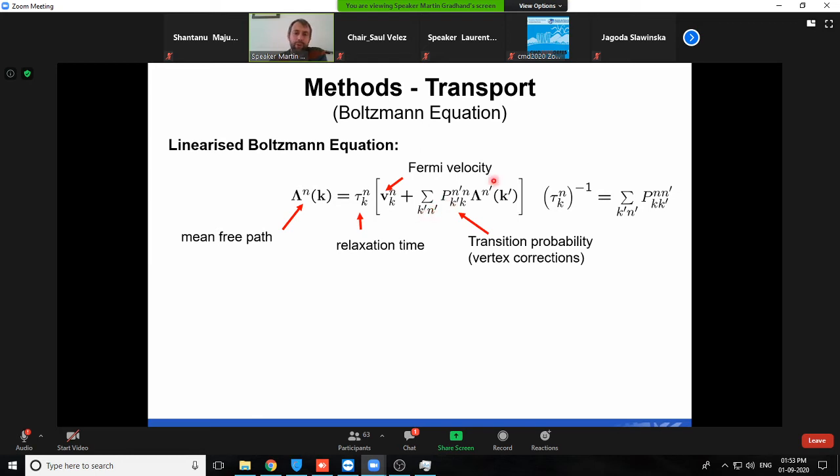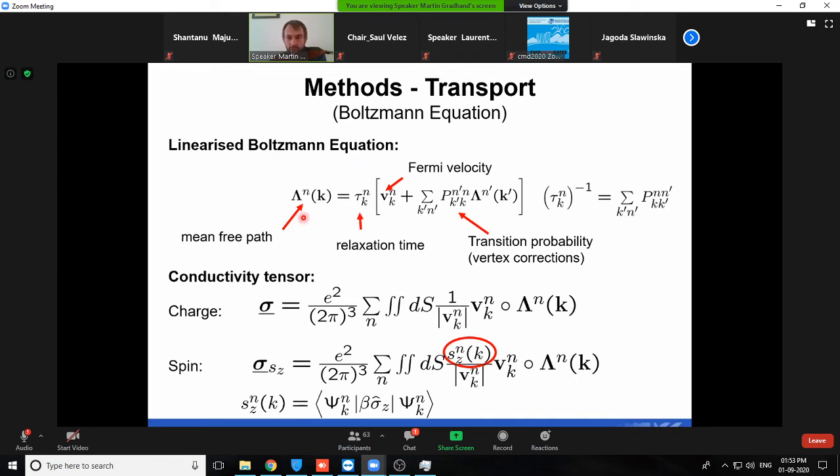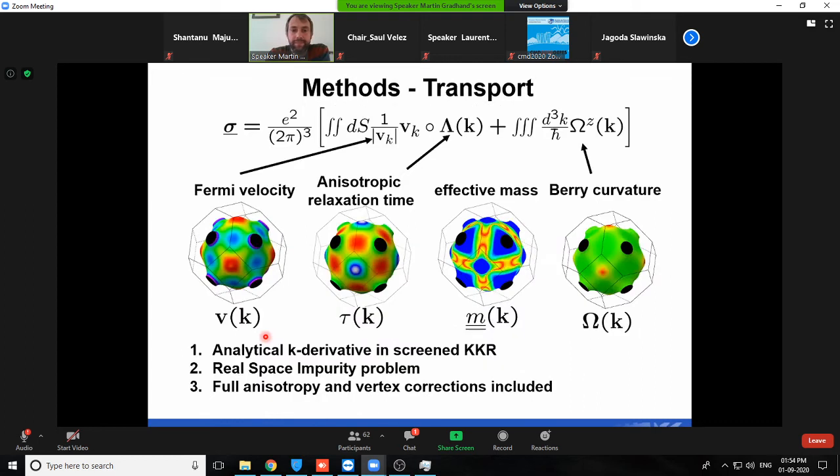If you would ignore this vertex correction term here, you would not get access to the skew scattering contribution. In relaxation time approximation, there is no skew scattering. And if we solve this integral equation here, which we solve iteratively, we can calculate the conductivity tensor and the spin conductivity tensor to find the spin-Hall effect.